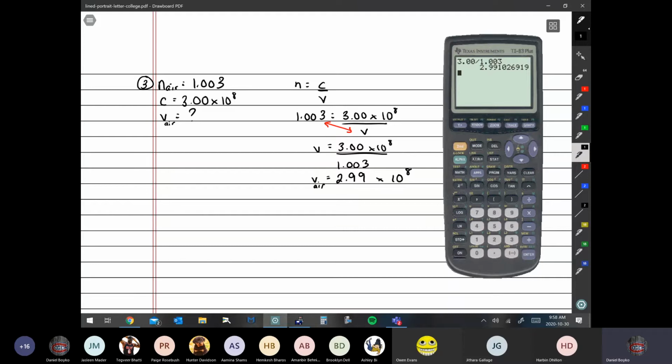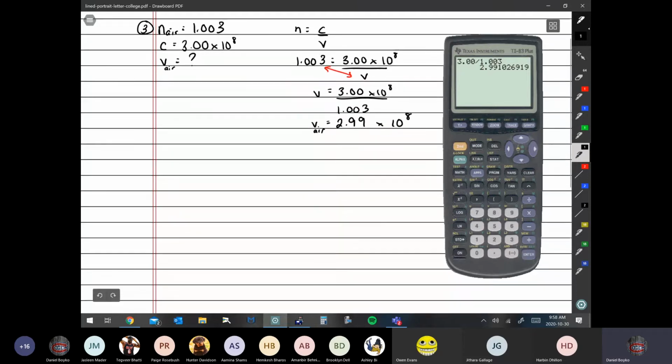Now we're going to do the exact same thing for zircon. N of zircon, I believe, was 1.92, and you can correct me if I'm wrong there. I tried to remember it. C, 3 times 10 to the 8, and then V in zircon is what we are searching for.